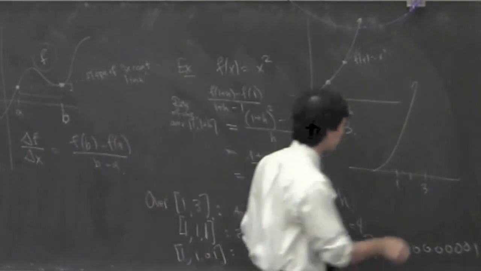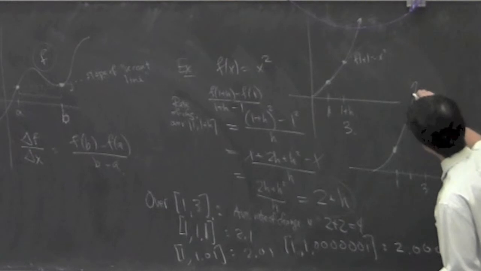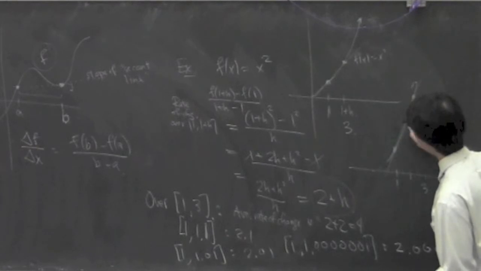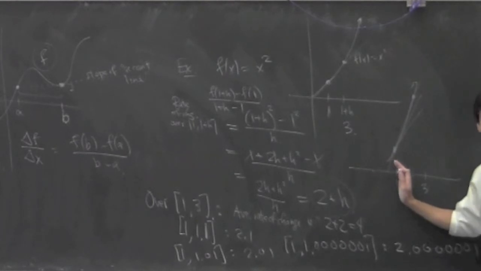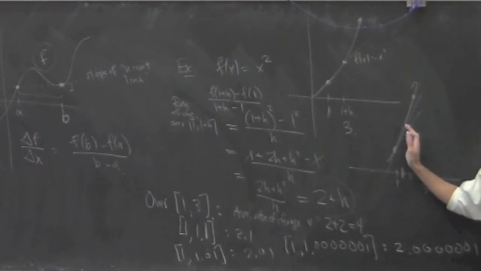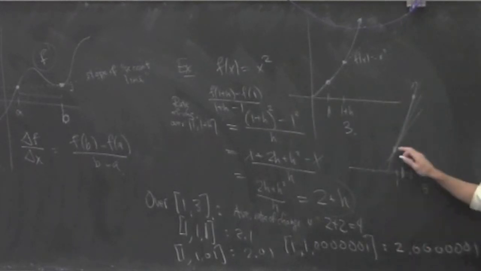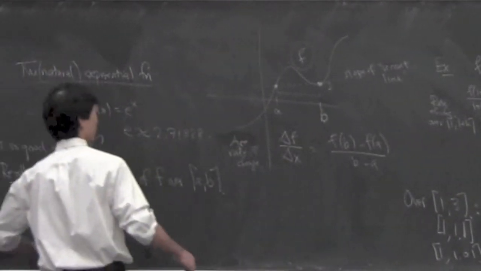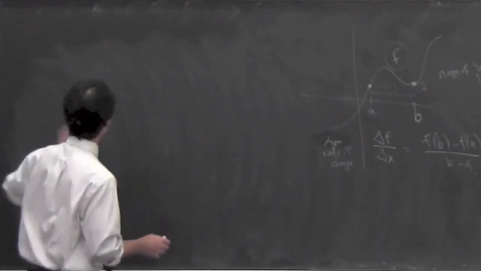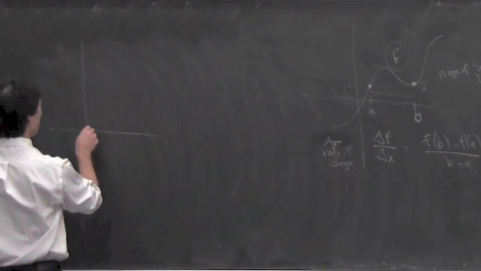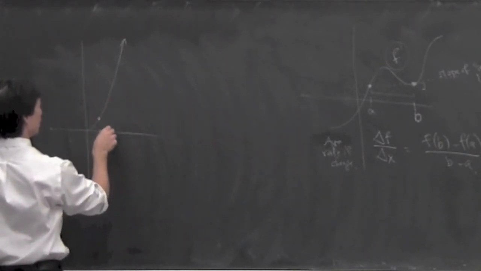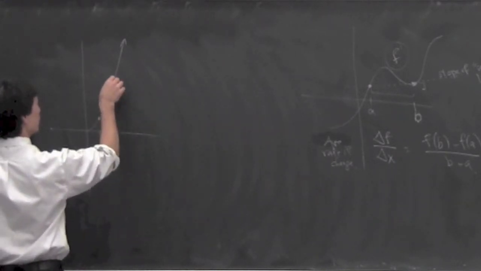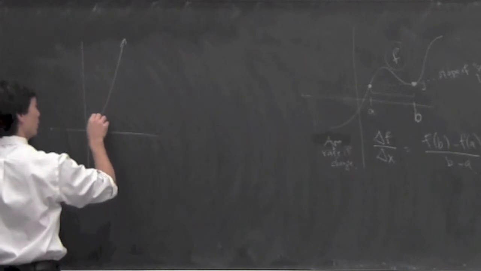And so what you see is that the slopes of these lines, as you take the second point closer and closer, get closer to 2. Let me draw a better picture here.